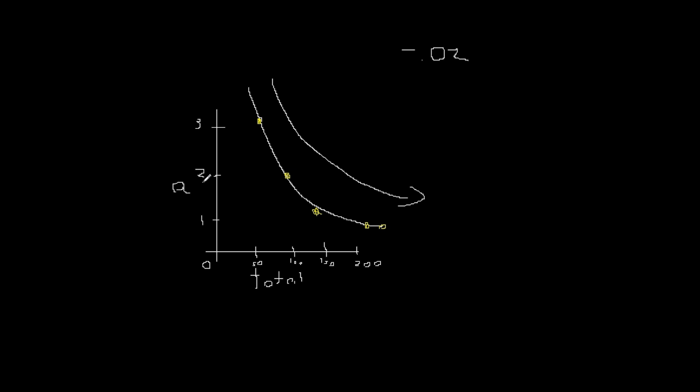This means that the relationship between acceleration and the total mass is not linear. So in order to find slope, we have to linearize it. And once we do so, we end up with y equals negative 0.02 x plus b. This negative 0.02, that's the linear slope of this line.